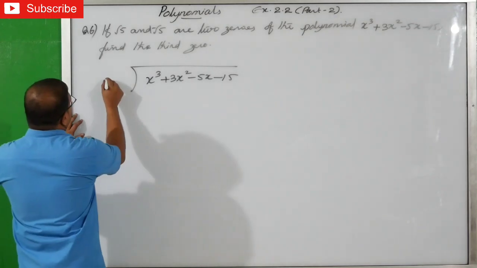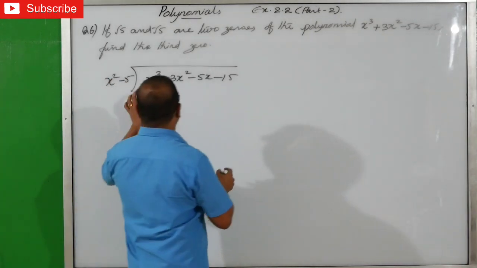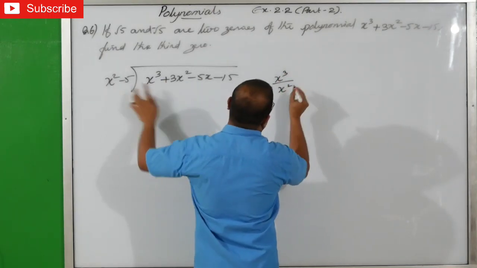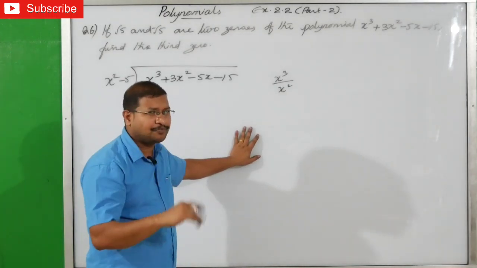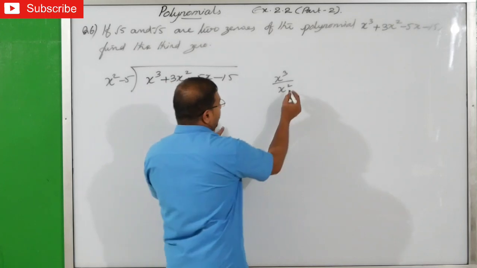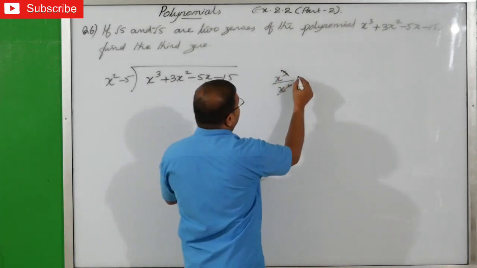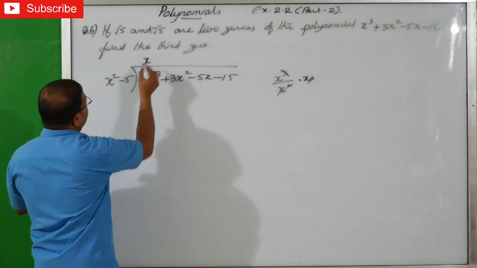We got it, x square minus 5. This will divide it. Ready? So what you will do first time? What is that? X cube divided by x square. The division we will do in the next exercise. So bear it now. Ready? So x square 2 times. From here 3, 2 times will cancel, 1 time. That means x will be the balance. So x will be in the quotient side.